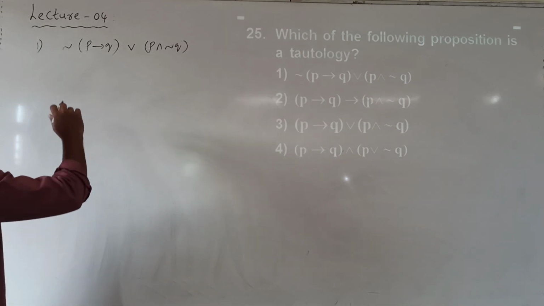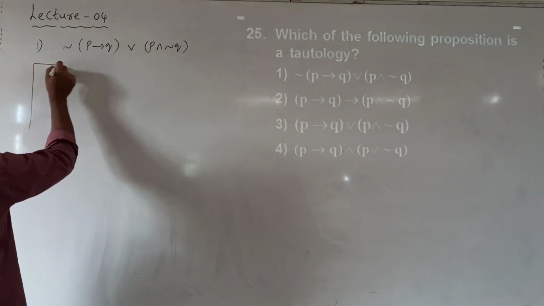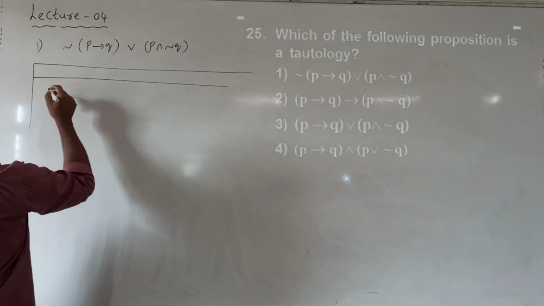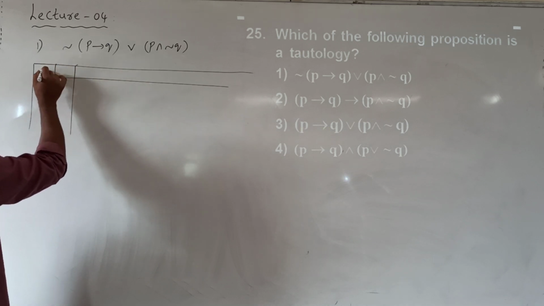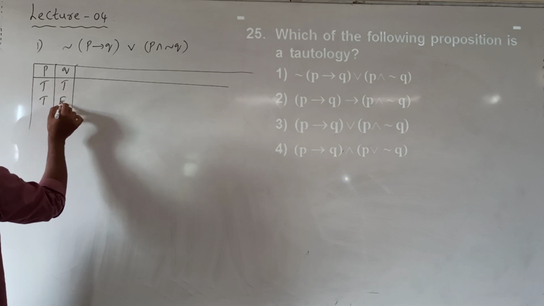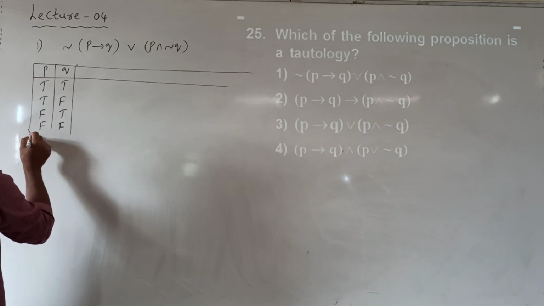Okay. So let us find the truth table for this. First we take the two simple statements P, Q. Truth values: both are true, true false, false true, or both are false.